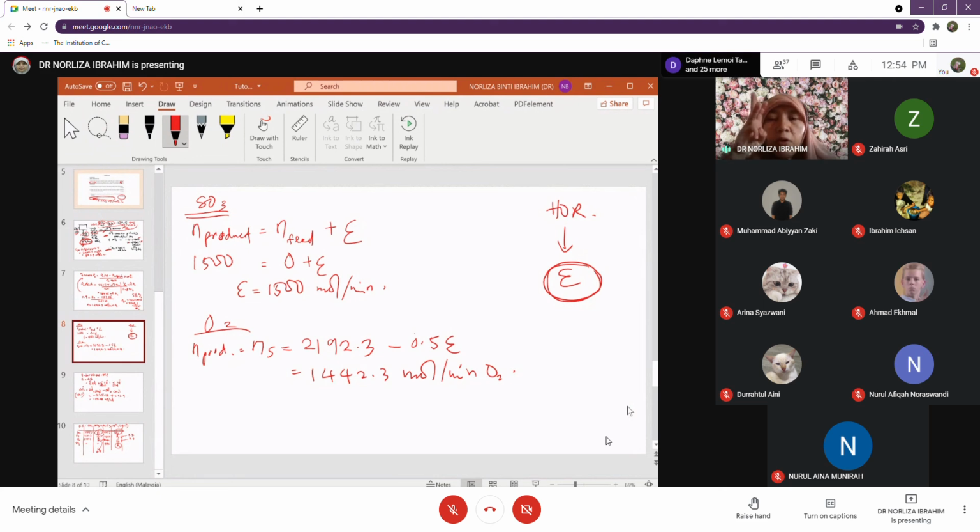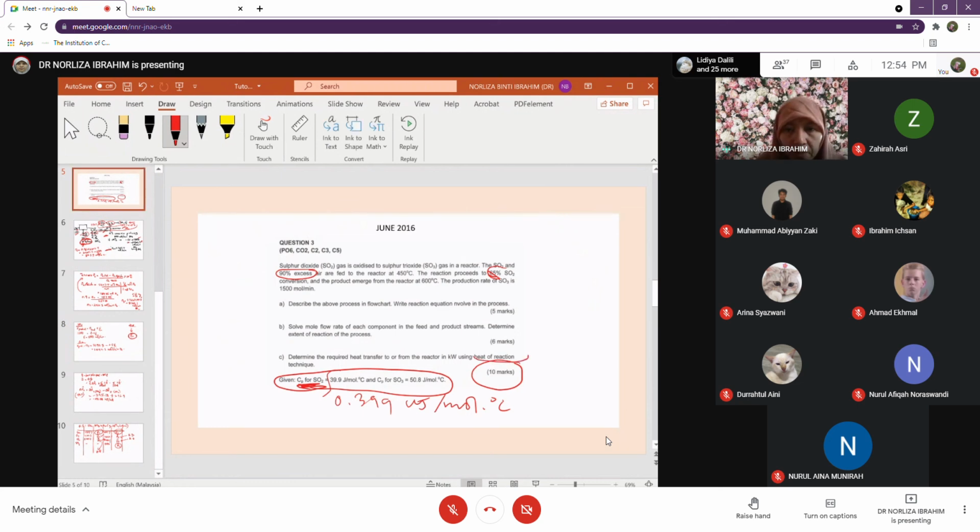Normally we never use molecular because it is quite confusing. So for atomic and extent of reaction, I will always advise students that for heat of reaction method questions, you solve using extent of reaction.